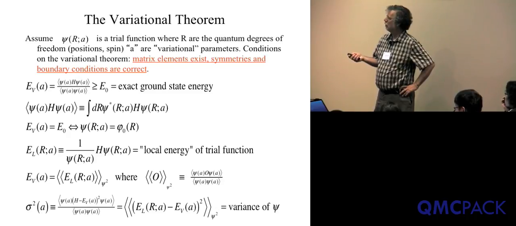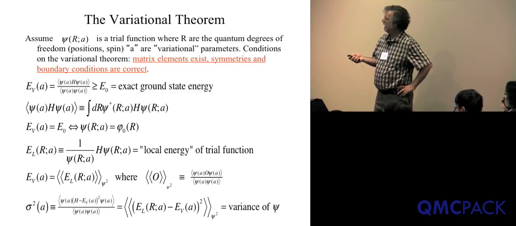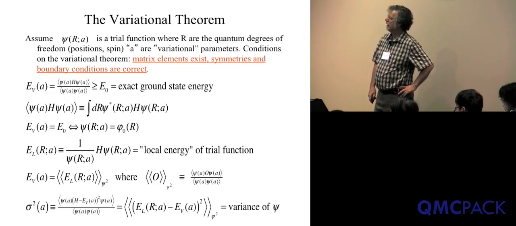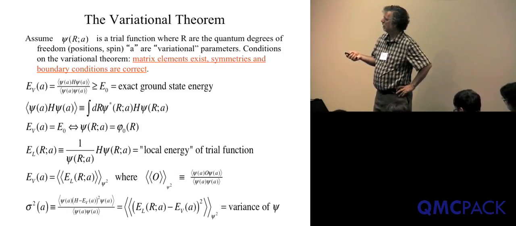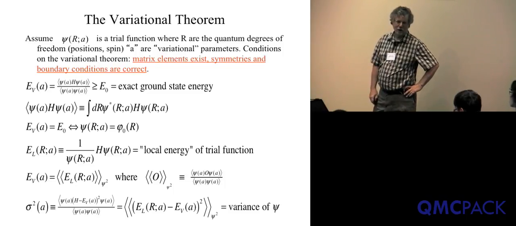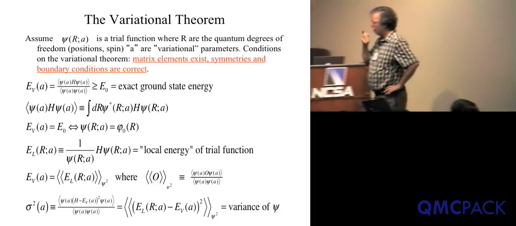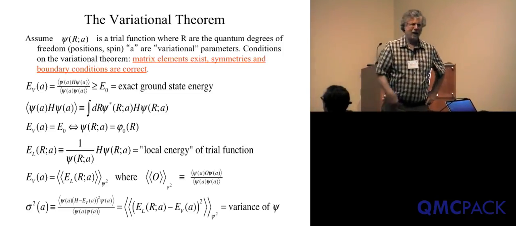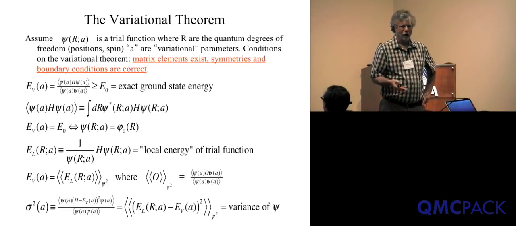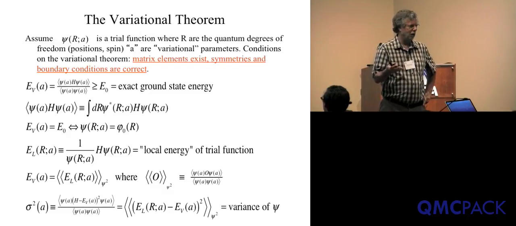The variational theorem, or Rayleigh-Ritz principle, is if you compute this ratio of expectation values, where H is the Hamiltonian and you have this trial wave function, so this is the expectation of the Hamiltonian, divided by the normalization of the trial wave function. You might wonder why we have this normalization. The reason is the kind of wave functions that we use are not normalizable in a simple way.